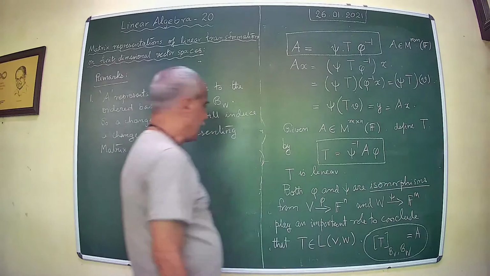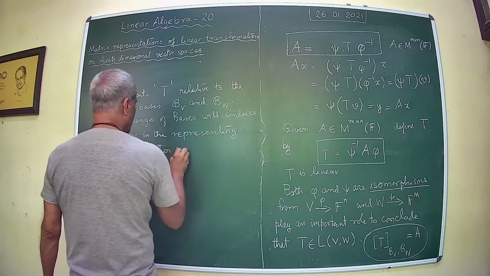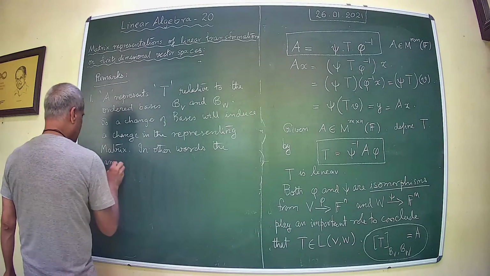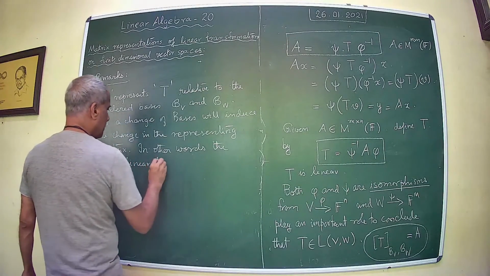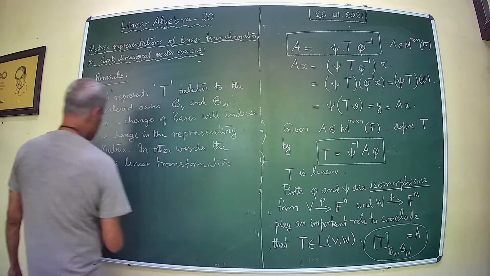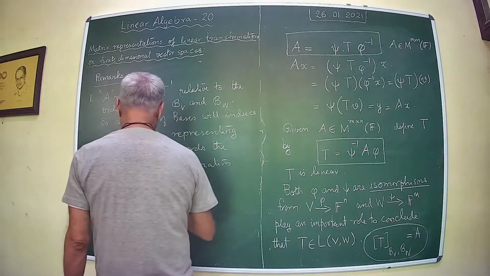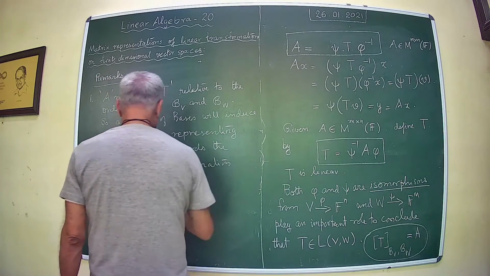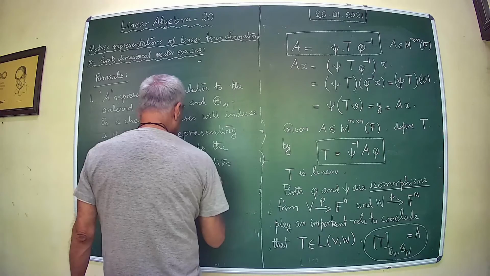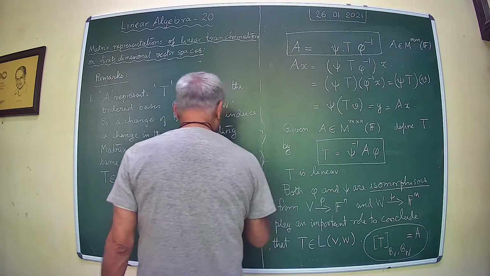In other words, the same linear transformation T belonging to L(V, W) has a different representation.